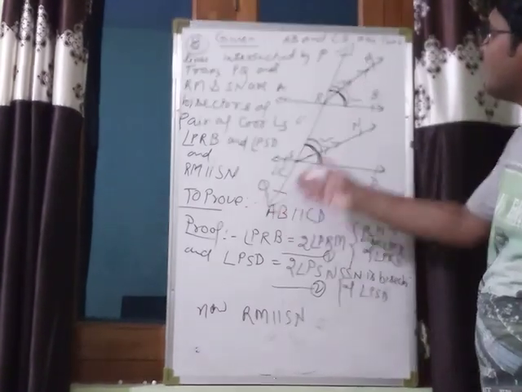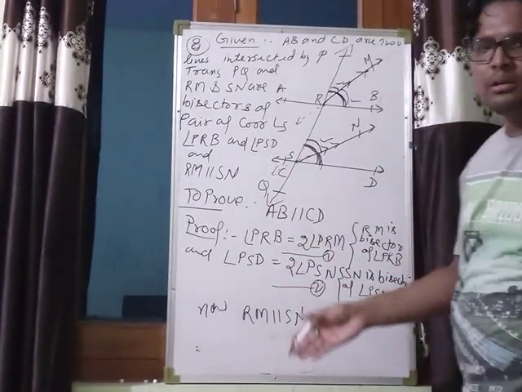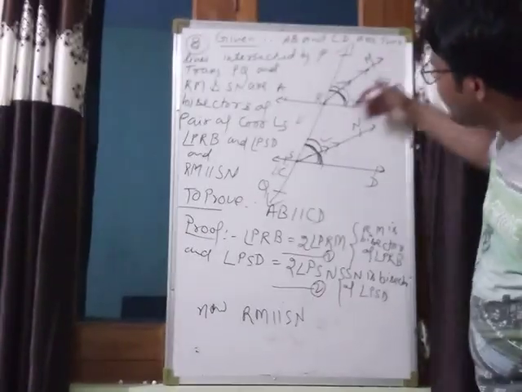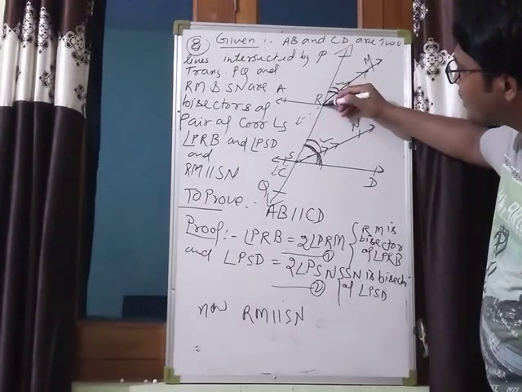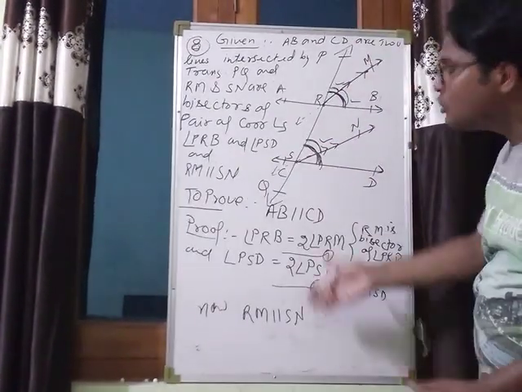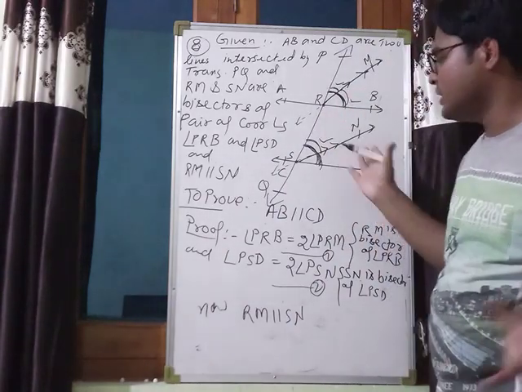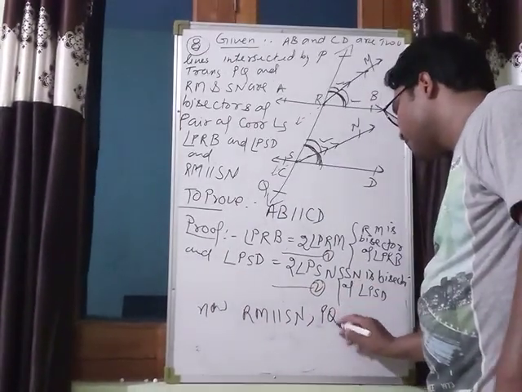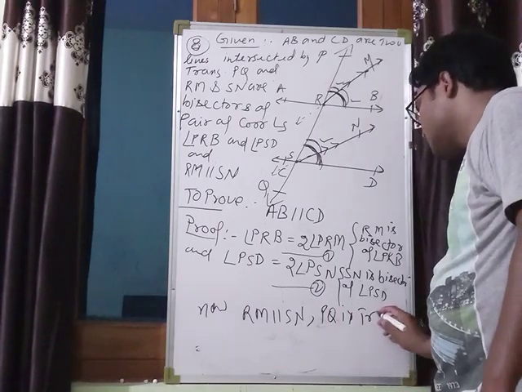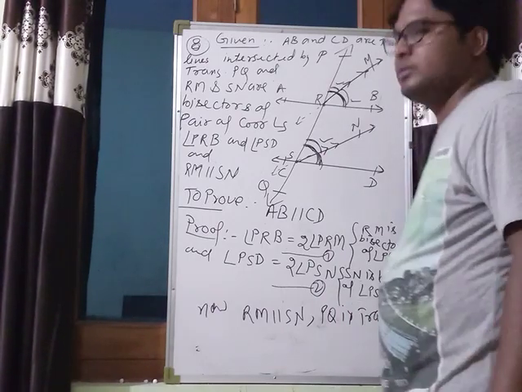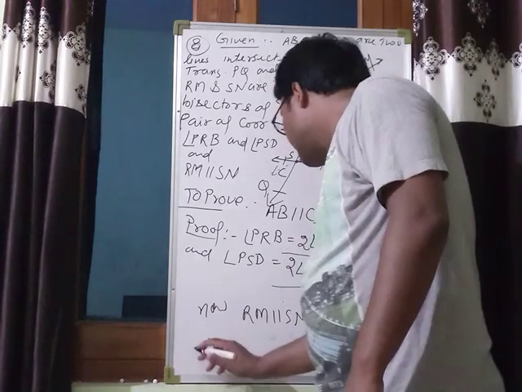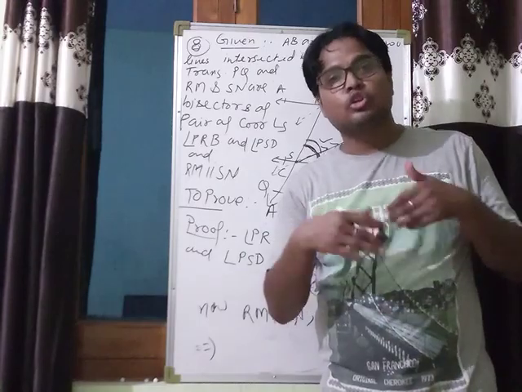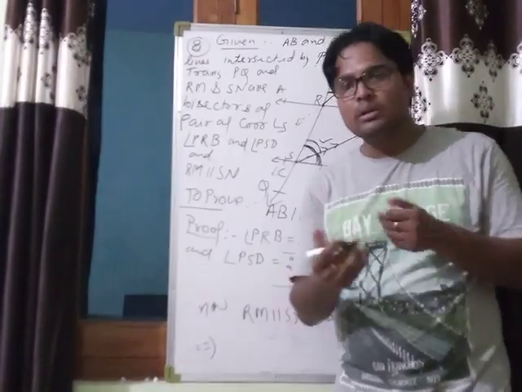These two lines are parallel, and PQ intersects these two lines RM and SN at two distinct points R and S. Clearly PQ is also a transversal of these two lines. Okay, so because these two lines are parallel, their corresponding angles will be equal.